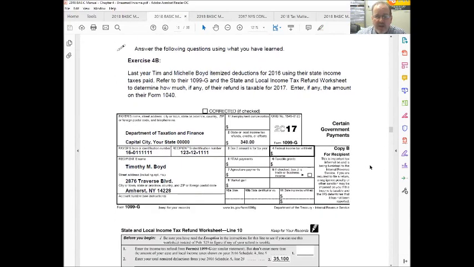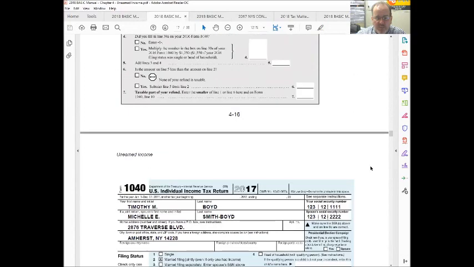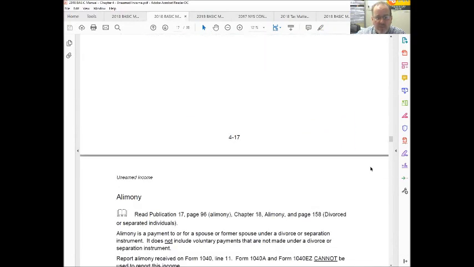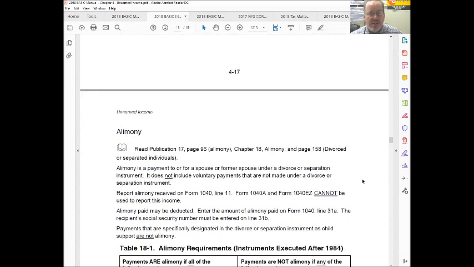Now, a little caveat, and it'll come up in problems every once in a while, okay? Say I have a family that gets a $1,000 refund on the state side, but they have 2 children on their tax return from the previous year. Not all of that refund is taxable, okay?